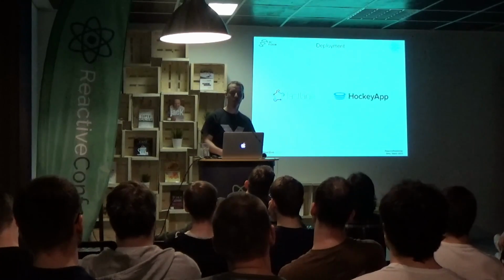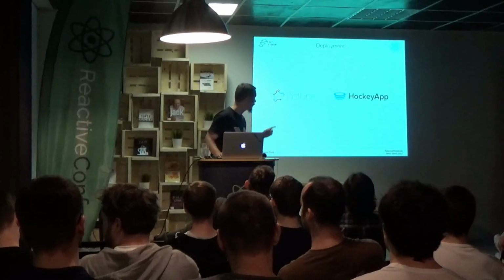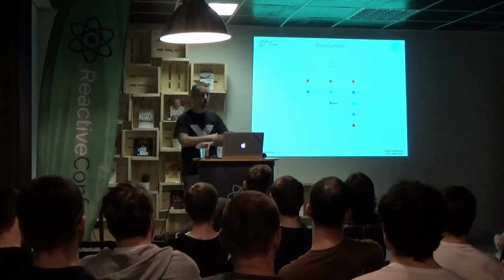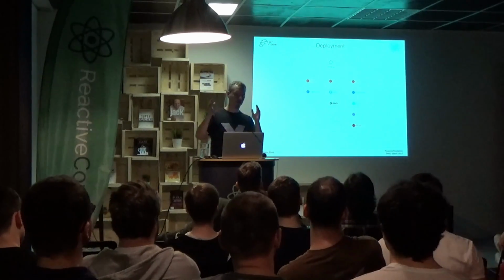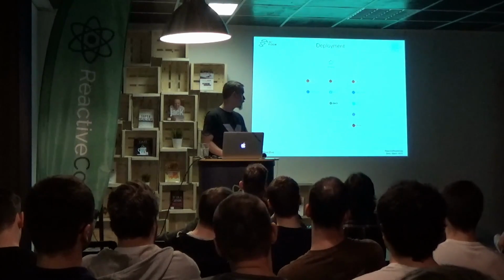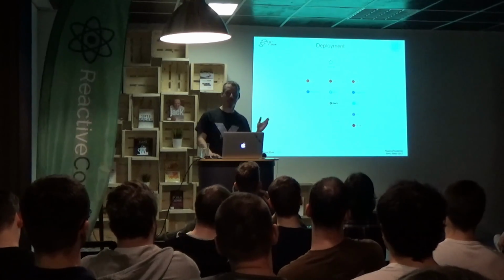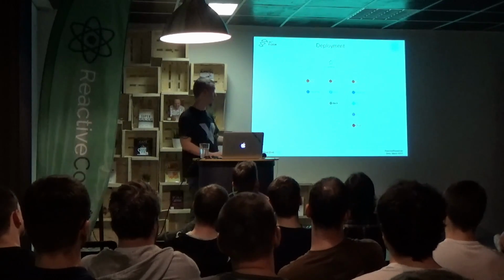So this way you can distribute beta installations. There is fastlane. This is a complete automation pipeline for everything: packaging, signing, publishing. You can automate everything with it, even taking screenshots for your application. It's a really cool thing.